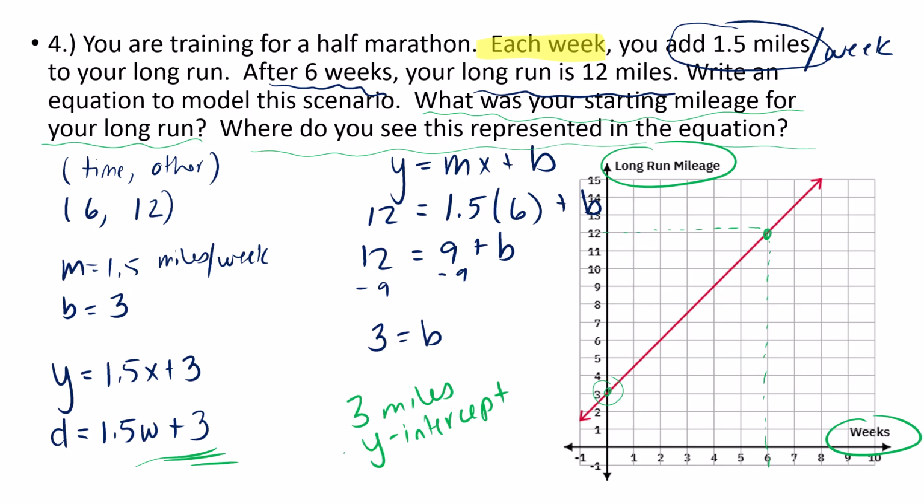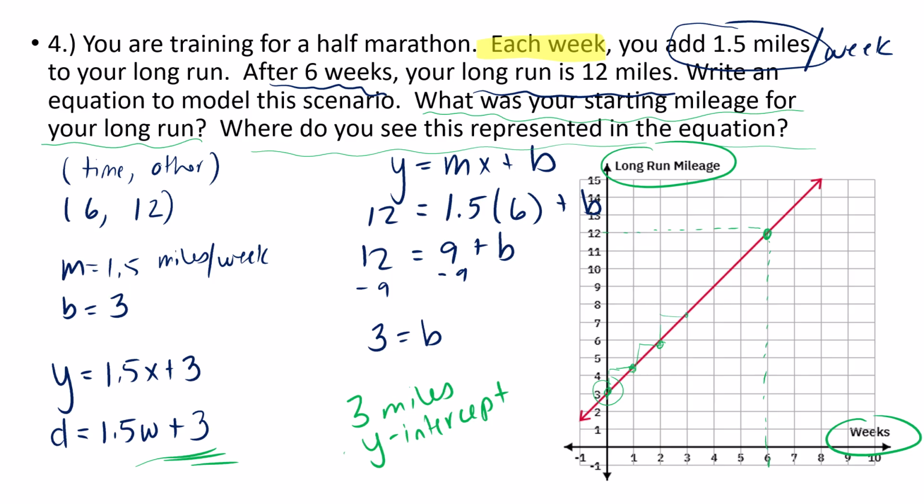I'm not going to say 100% of the time, but very, very often, if you are asked what the starting value or starting amount of money is, it will be the y-intercept. And you can see that gradual climb: every week you are increasing by 1.5 miles. So after the first week, you're at 4.5, and after 2 weeks, you've gone up to 6 miles.